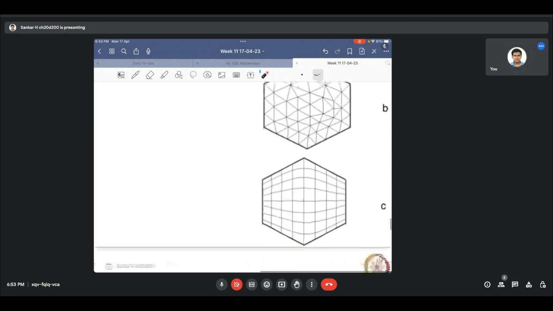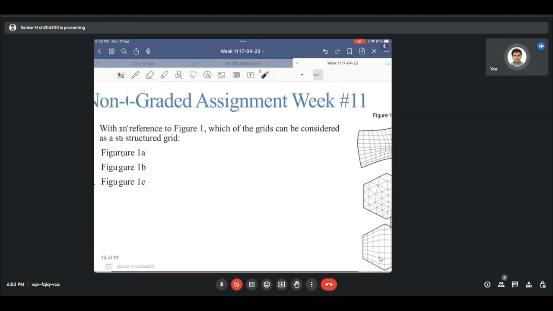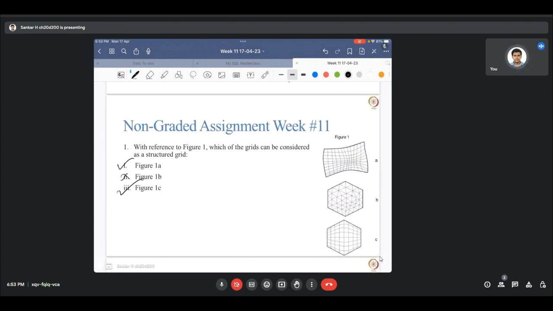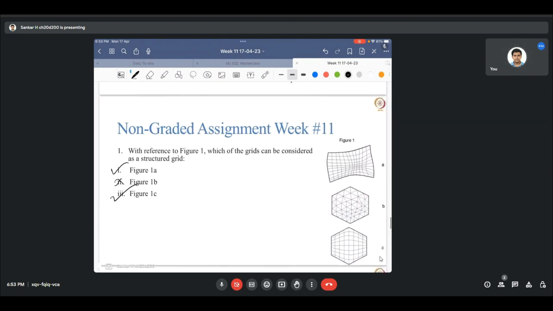And in 1c, again there is no discontinuity in the x lines or y lines, as shown in this figure. Therefore, the correct answer here would be 1a and 1c, and 1b would be a body fitted or unstructured grid. The correct answer is 1 and 3 here.